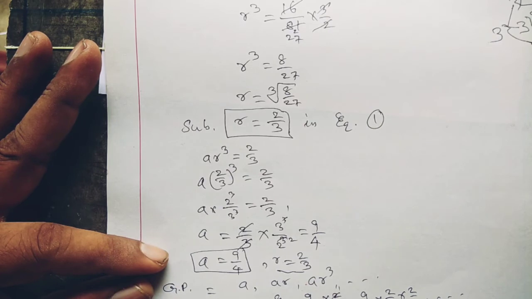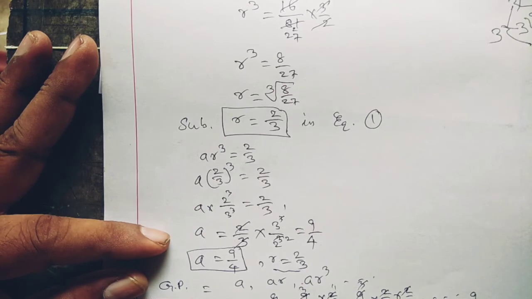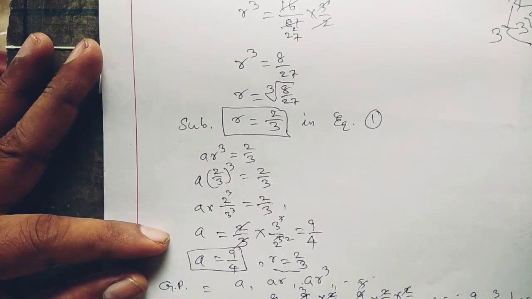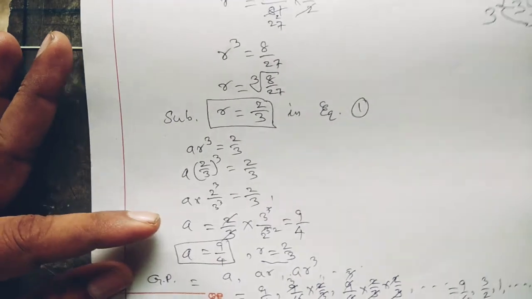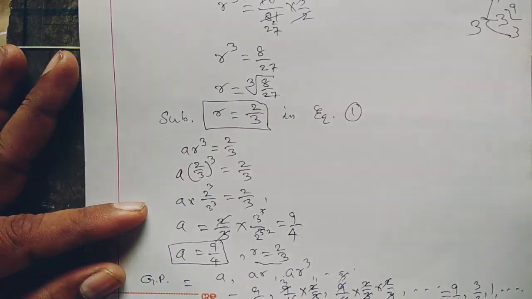Cancelling 2 ones, 2 twos, 3 ones, 3 threes, that is equal to 9 by 4, 3 by 2, 1 and so on. This is the required GP.